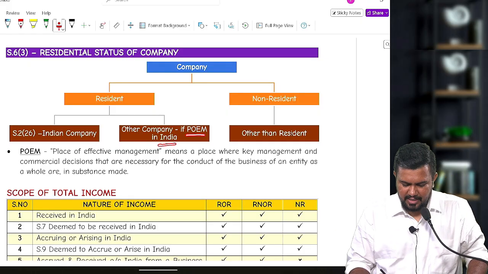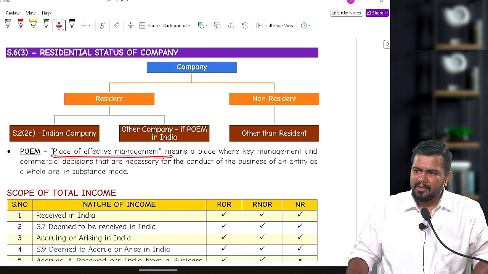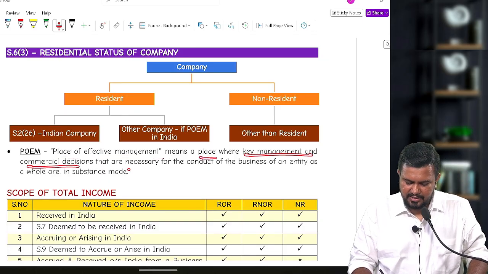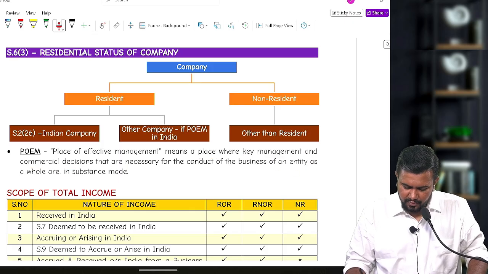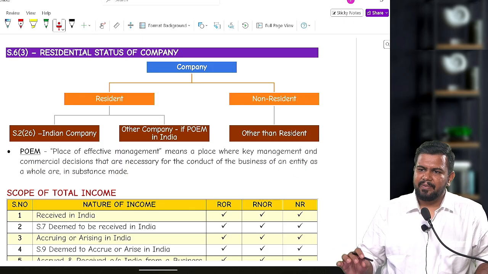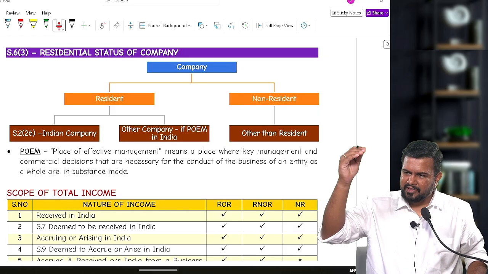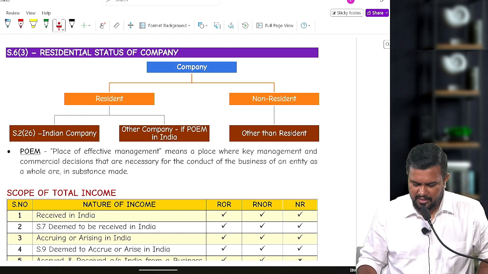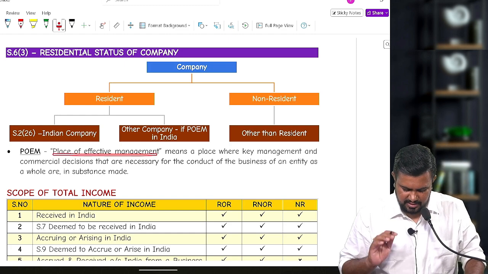POEM means place of effective management. Place of effective management is a place where key management and commercial decisions of the entity are in substance made. That is only place of effective management. For this, many conditions are there. All these conditions are in the final syllabus, not in the Inter syllabus. If you know this much, it is enough.